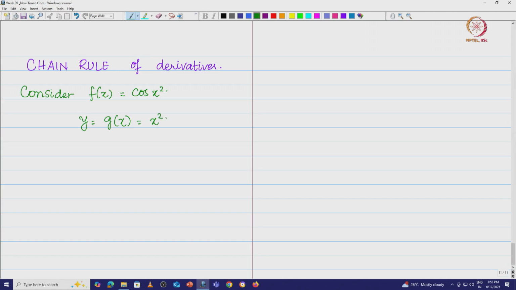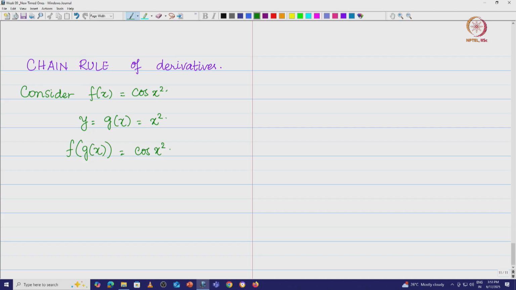So, what am I going to have? It is f of g of x that I have. f of g of x is nothing but cos of g of x, which is nothing but cos x squared. I am going to have this.